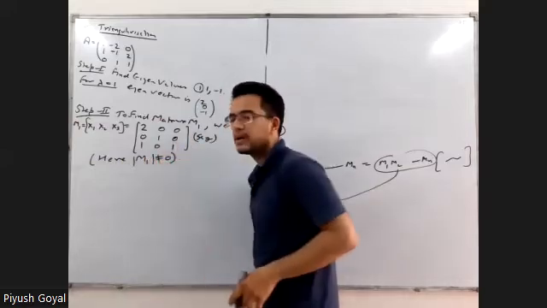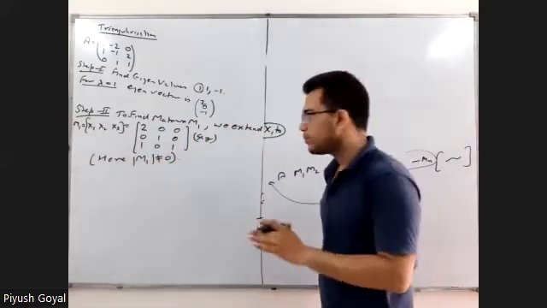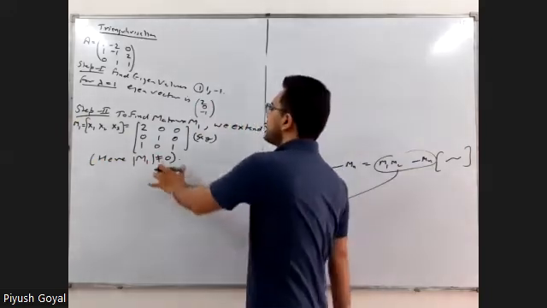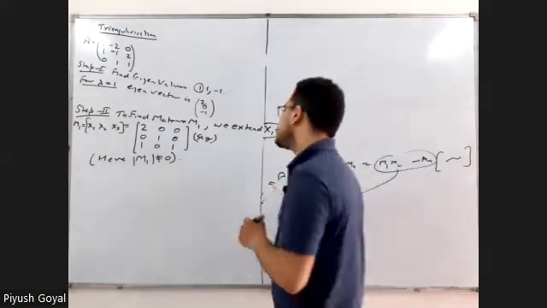This is the most important thing. We add two columns in such a way that the determinant is non-zero.